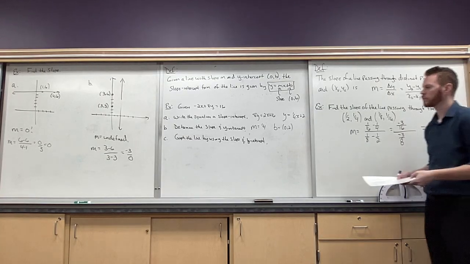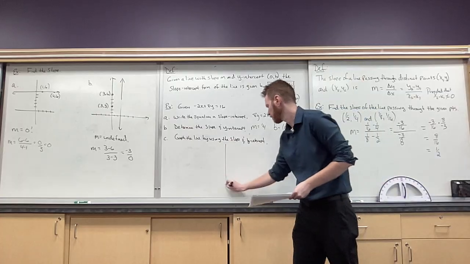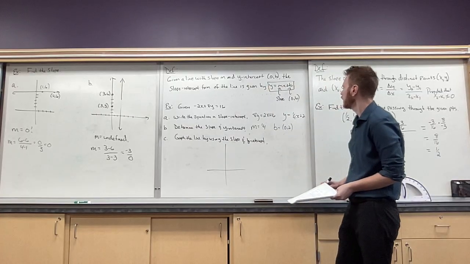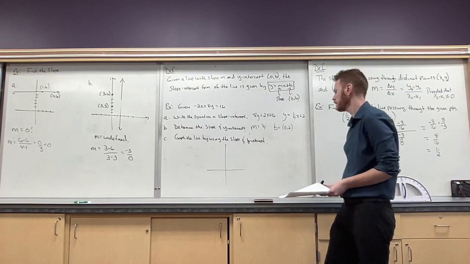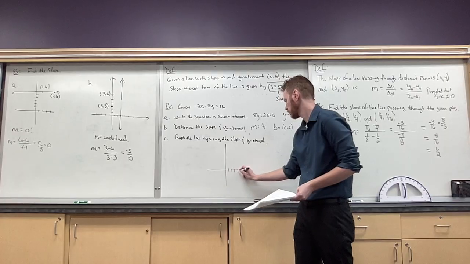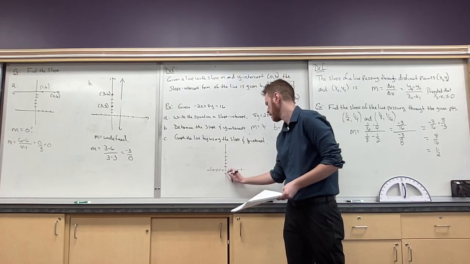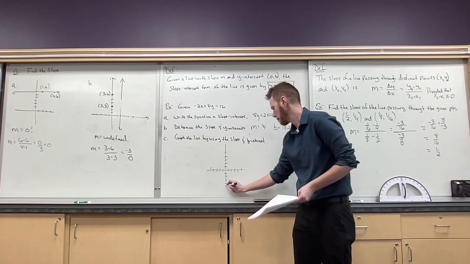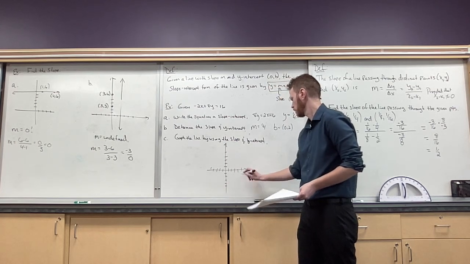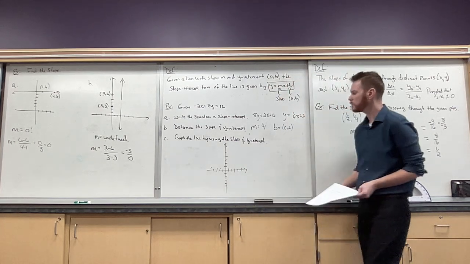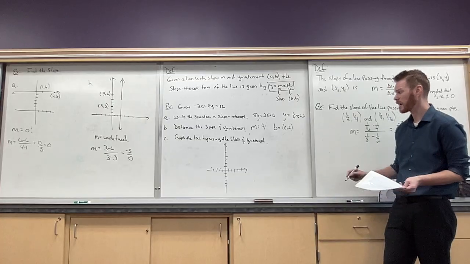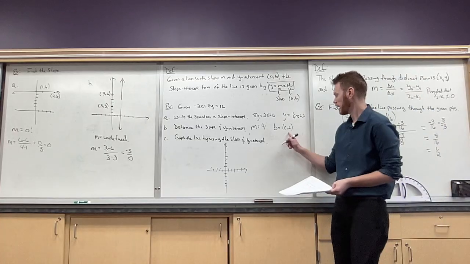And then last step, graph the line. Sure, why not? I think 5 would be good. 1, 2, 3, 4, 5. And typically when you graph these, the easiest thing to do is just graph the y-intercept first as your initial point.